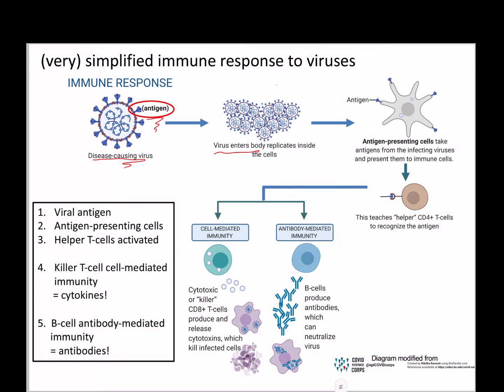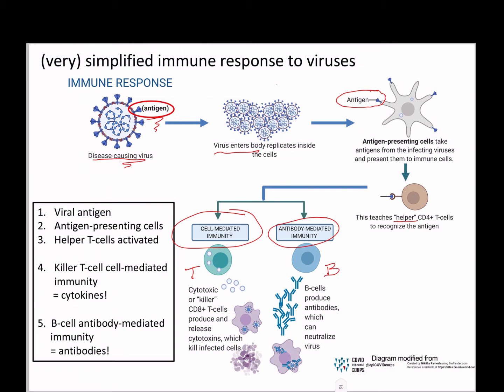Then it presents pieces of the virus, those small recognizable pieces, those antigens, to different cell types in the immune system. One of them is the helper cells, which are then going to activate a couple of different types of immunity. They activate cell-mediated immunity, which we're really just thinking of as T-cell immunity, and antibody-mediated immunity, which we're looking at as B-cell immunity.